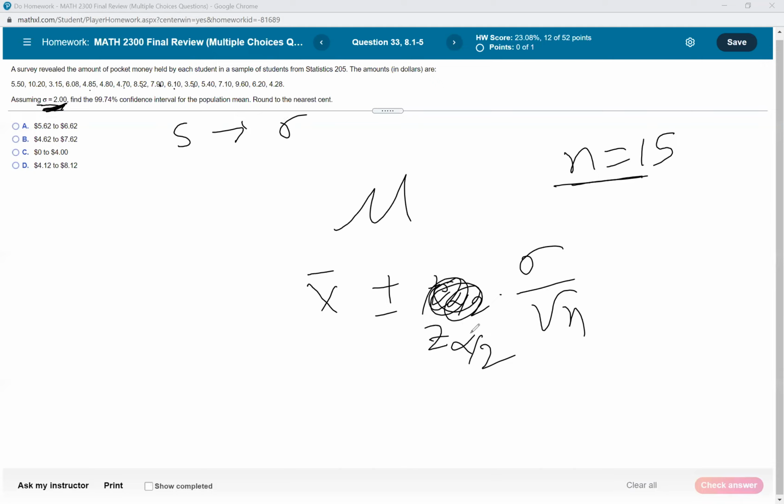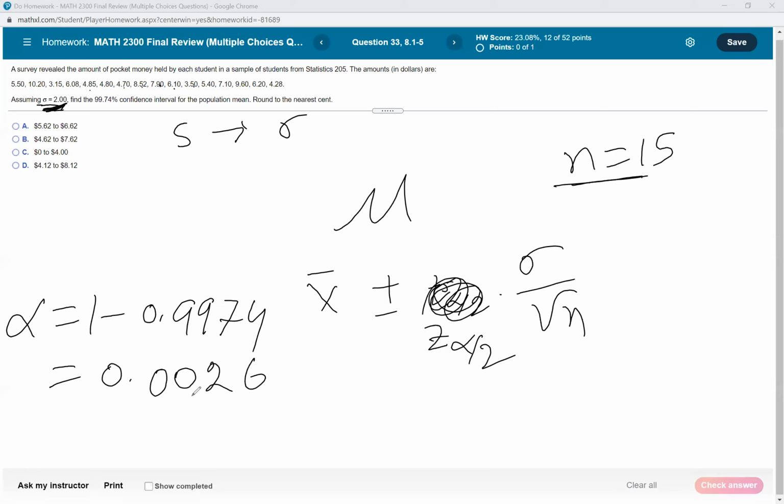So that's x bar plus minus z alpha over 2 times sigma over square root of n. So what is the value of alpha? Alpha is 1 minus 0.9974, which is 0.0026.